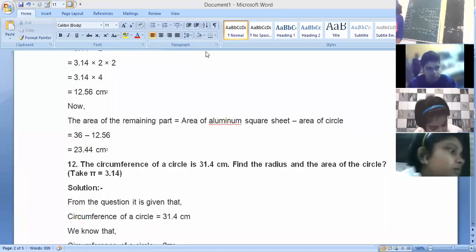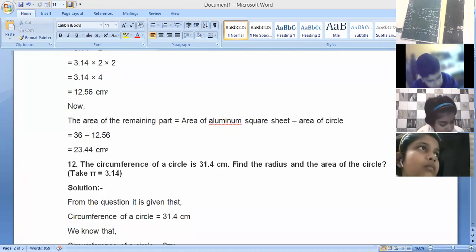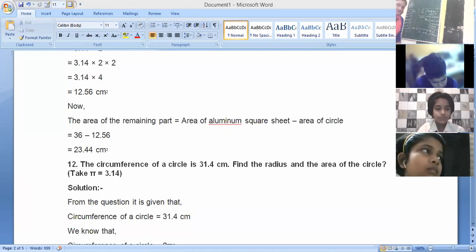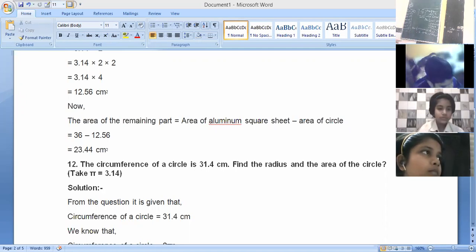0.4 centimeter. Find the radius and the area of the circle. Take pi equal to 3.14. After the decimal, read the digits, not the numbers. So the circumference is given 31.4, and radius and area we need to find out in this question. First of all, we'll be writing the circumference.